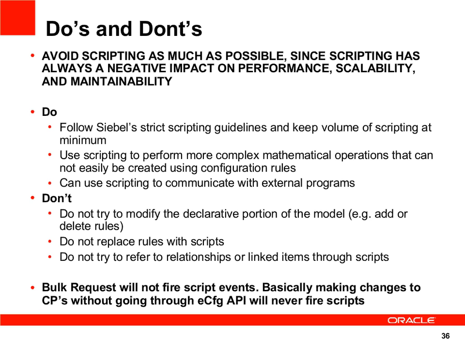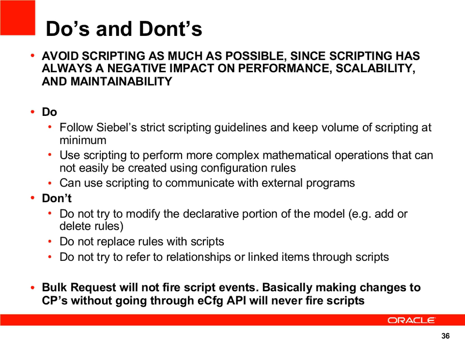So the do's say, first of all, you should follow Siebel's strict scripting guidelines, keep the volume of scripting at a minimum, and use scripting only when you cannot replace it by rules, for instance, for complex mathematical operations, or if you want to communicate with external programs. Basically, there are no limits for scripting.